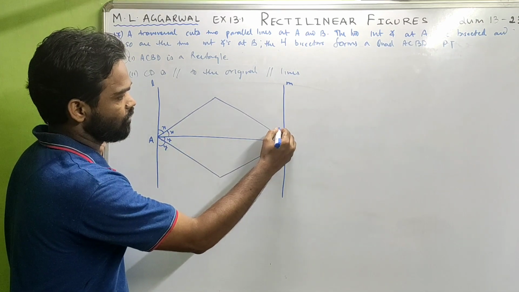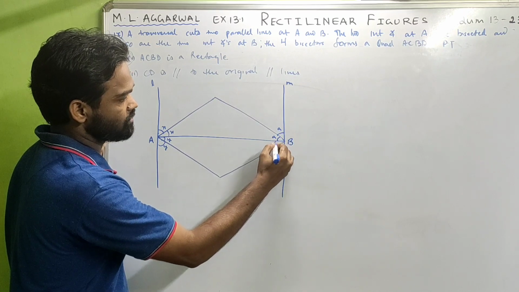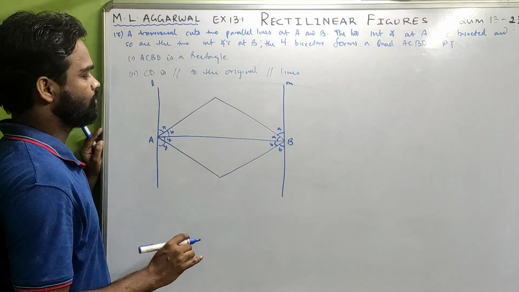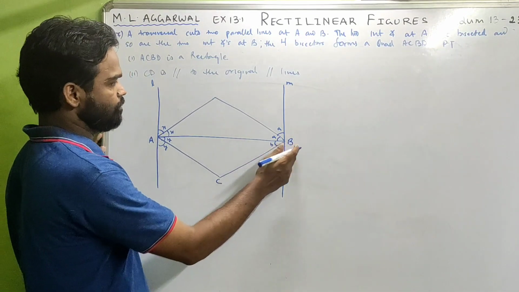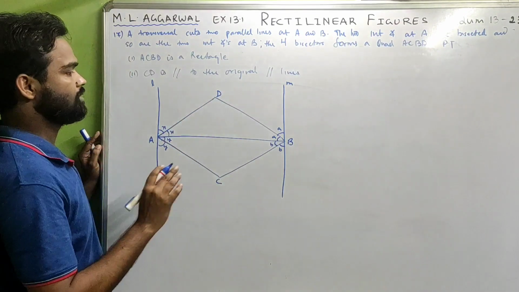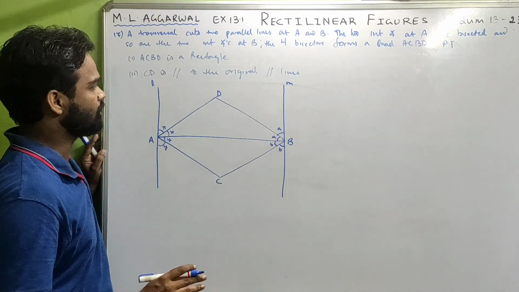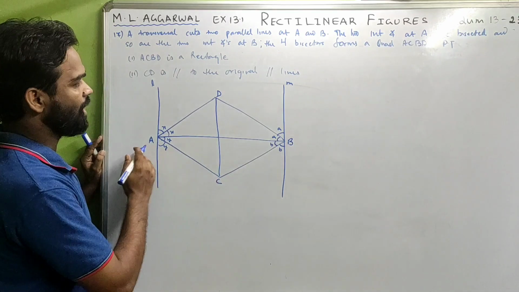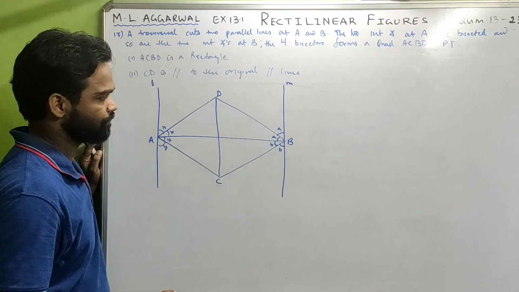If this is suppose small a, this is small a, this is b, and this is b. Prove that ACBD is a rectangle. First of all, you need to prove that it is a rectangle, and CD, the line CD which we join, is parallel to L and M.